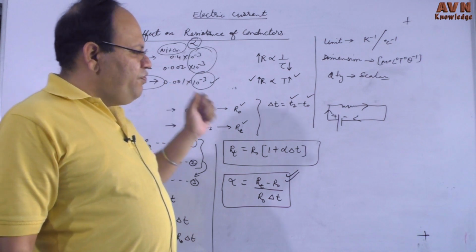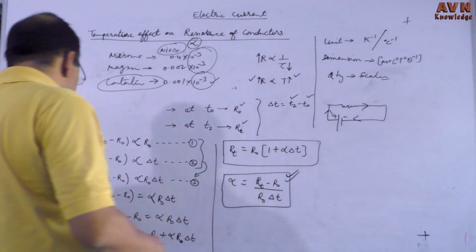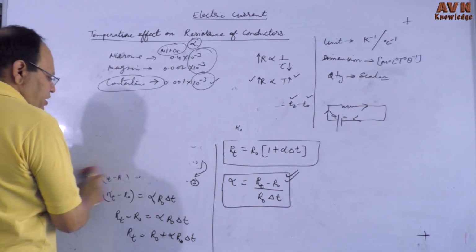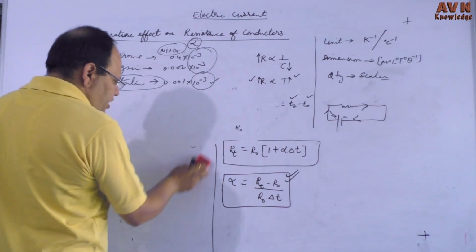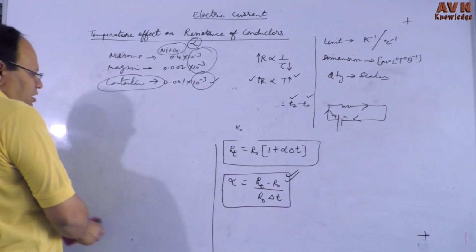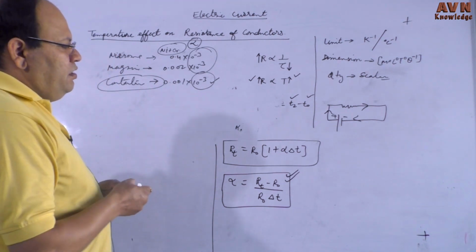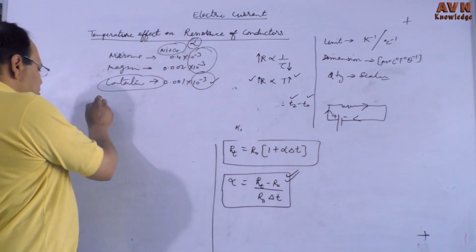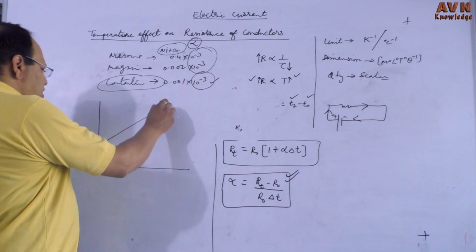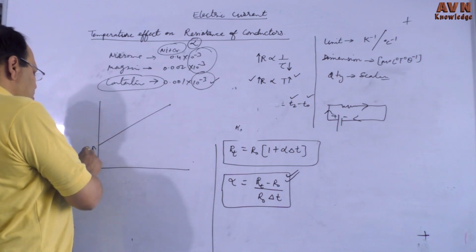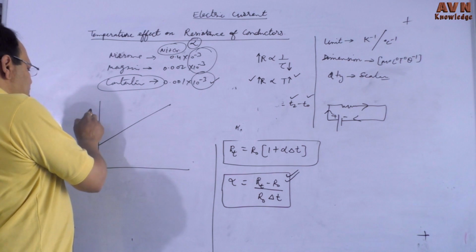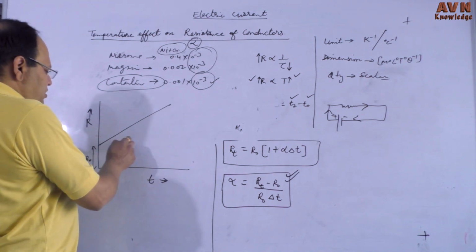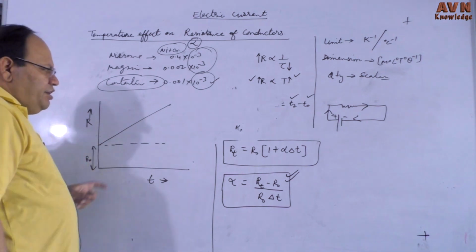Now the graph between temperature and resistance for conductors: when you increase the temperature, resistance also increases. So this graph will follow: this is R naught, this is R_T, this is the temperature T, and this is theta.